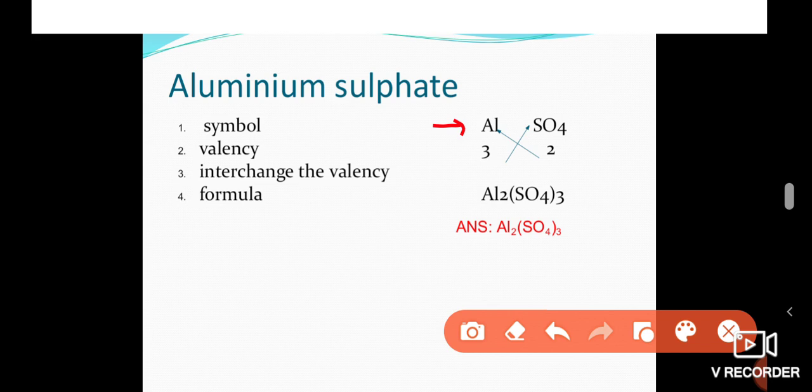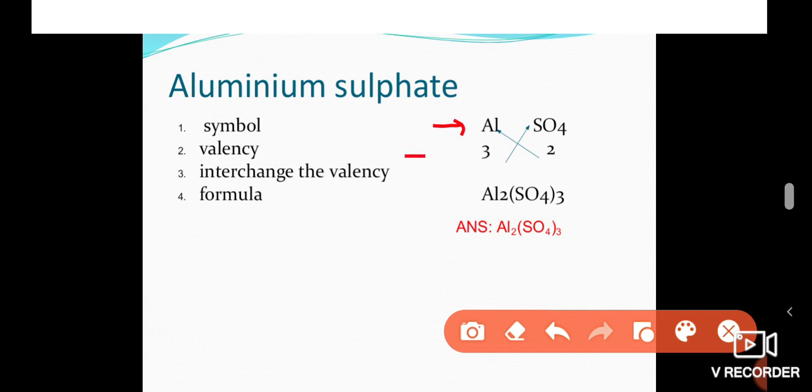And next, sulfate. Sulfate is a polyatomic ion. What is the formula for sulfate? SO4. Sulfate is a negative ion, SO4 2 minus. Aluminium is a positive ion, Al 3 plus.